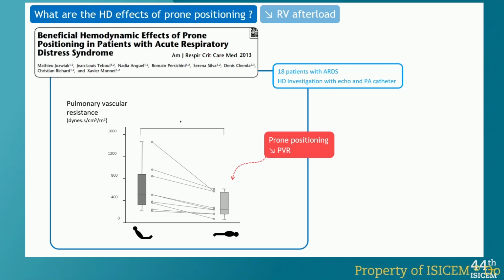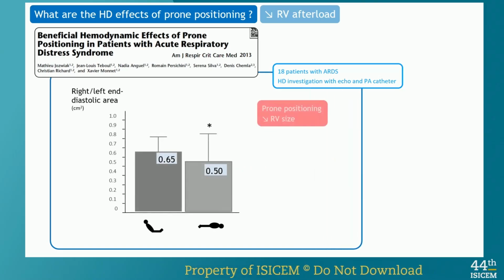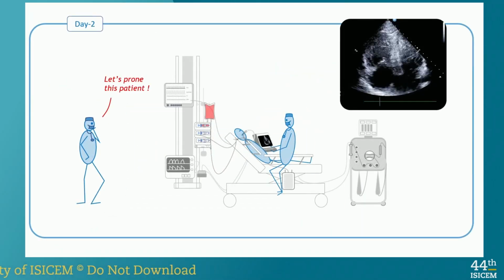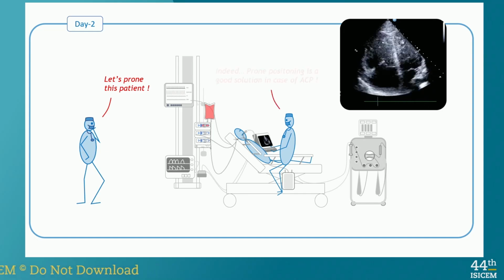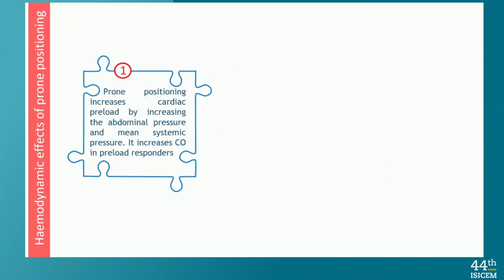Prone positioning unloads the right ventricle, and this was translated into a reduction of the size of the right ventricle at echocardiography. So yes, likely your colleague is right to suggest prone positioning of this patient. In case of acute cor pulmonale in ARDS, this may be a good way to decrease it.